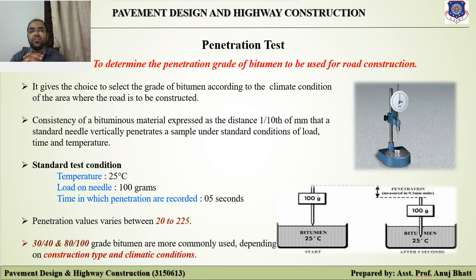Consistency of a bitumen material is expressed as the distance in 1/10 of a mm, that is millimeter, that a standard needle vertically penetrates a sample under the standard condition of load, time, and temperature. The penetration value is largely influenced by any inaccuracy as regards pouring temperature, the size of needle, the weight placed on the needle, and the test temperature.